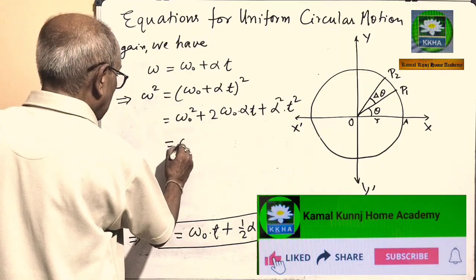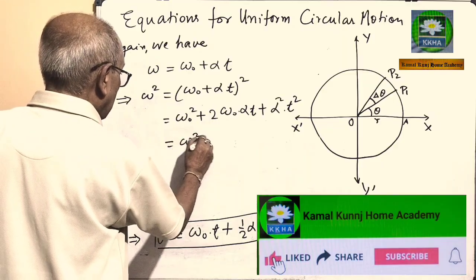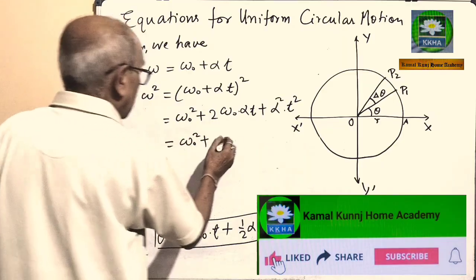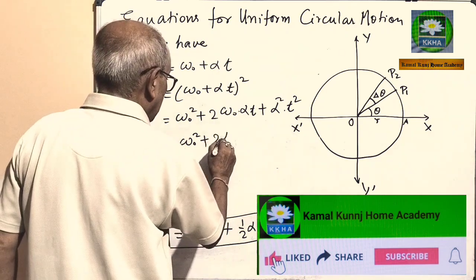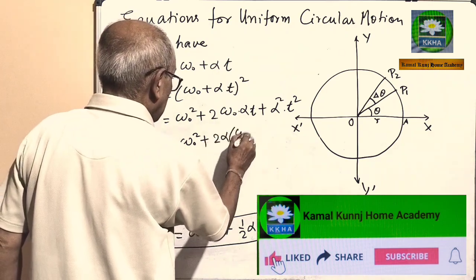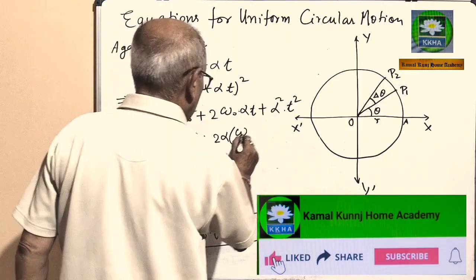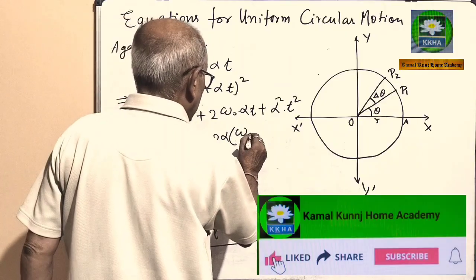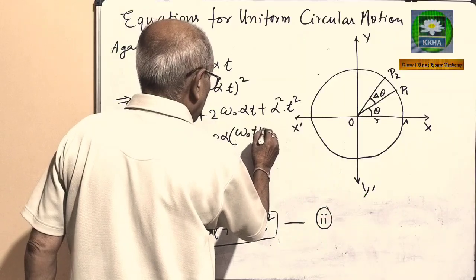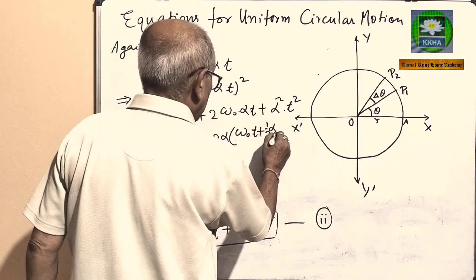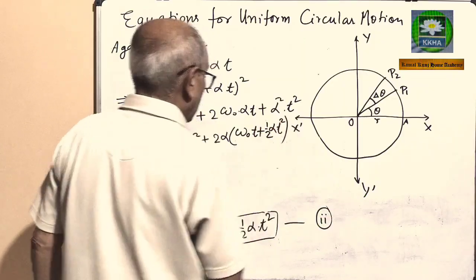This is equal to omega naught square plus, taking twice alpha outside, omega naught t plus half alpha t square.